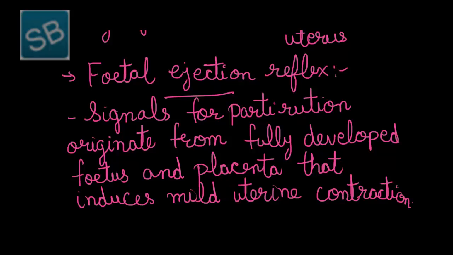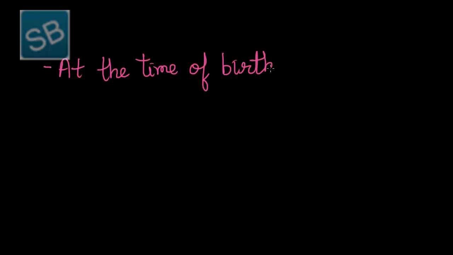Now let us understand the mechanism due to which this parturition is exhibited. As told earlier, it can be defined as a neuroendocrine mechanism. Now, at the time of birth, there are mainly two hormones in the form of chemical signals which help in carrying out the process of parturition.